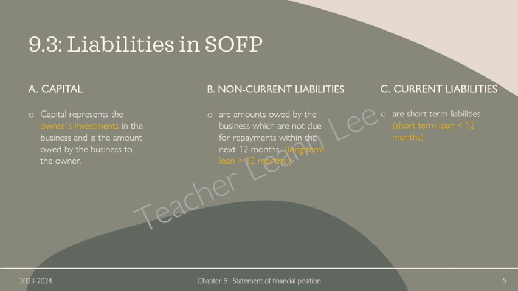I'm sorry, trade payable is not grouped under non-current liability, because trade payable cannot be owed for more than 3 months. If not more than 3 months, it does not fall under this category. Everything more than 12 months, an amount owing from the business to somebody else, is considered as NCL.